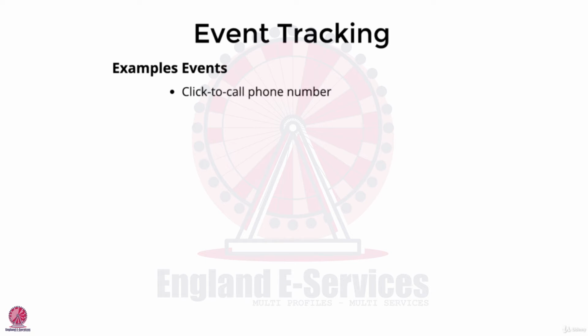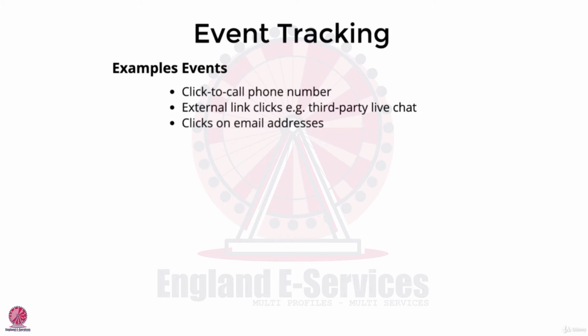That's a very clear example for event tracking, and it's probably the most common use case, but there are plenty of other ones as well, such as clicking on an external link to a third-party live chat application. Again, we can't track this because they're not going to another page on our website, and we don't have our Google Analytics installed on this third-party tool. Clicks on email addresses, similarly, just open up in your email client.